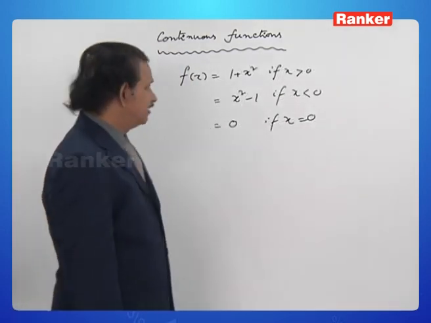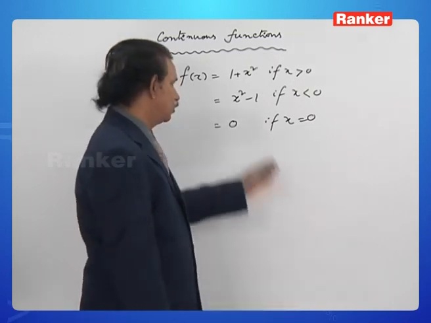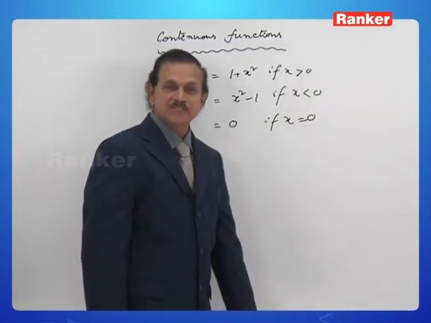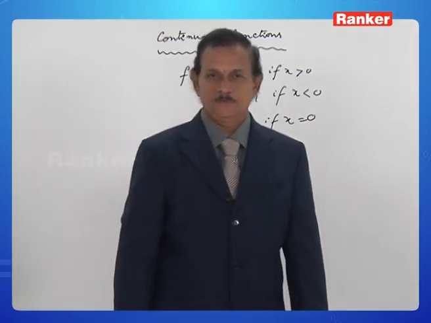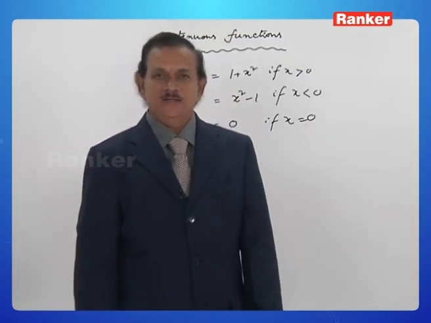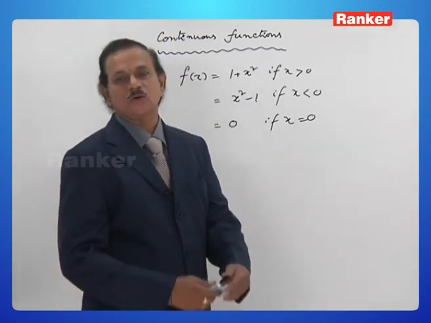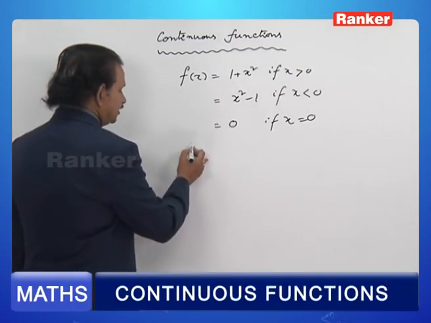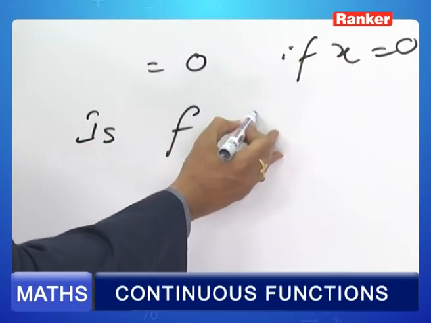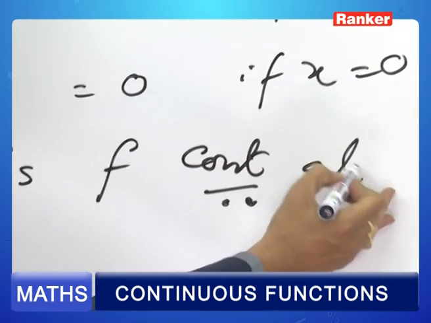Let us consider the function f of x is equal to 1 plus x square if x greater than 0, x square minus 1 if x less than 0, 0 if x is equal to 0. Again, he likes to ask us the continuity of the function at x is equal to 0. What is the question? Is f continuous?